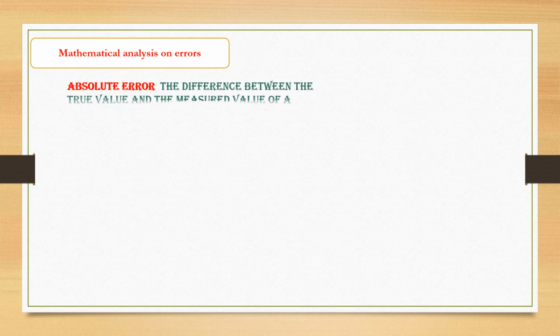Mathematical analysis of error. This is the main topic from the mathematical problems point of view. Absolute error means true error. The difference between the true value and the measured value of a quantity is called the absolute error.